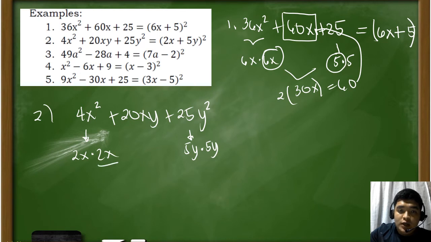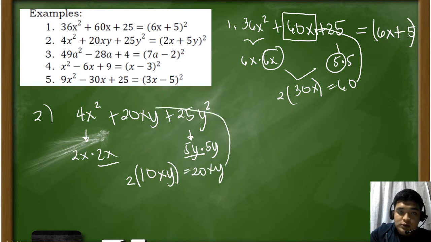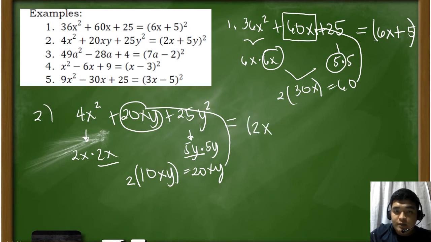Okay, 2x times 5y is 10xy. Then multiply by 2, and the middle term is correct. So that is 20xy. Therefore, the factored form is the square root of the first term, that is 2x, plus the square root of 25y squared, which is 5y. Sorry, it should be squared and squared.